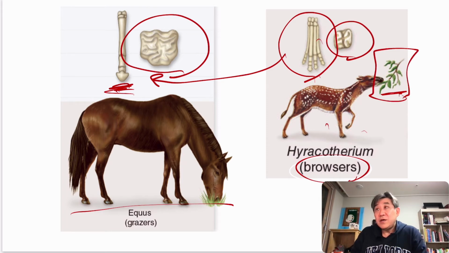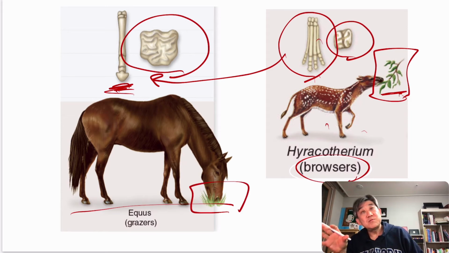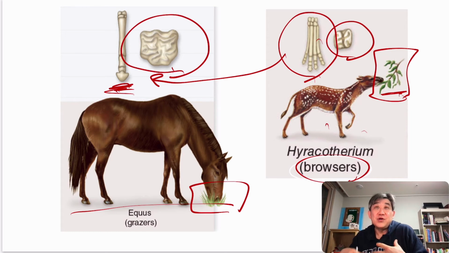When they were living in the forest, these soft foods were all available. But now, due to this quick change of the whole climate, the only thing you can eat is the grass on the field, which is much tougher to process for digestion. So obviously, having the luxury of handling this toughness might have been much more beneficial.